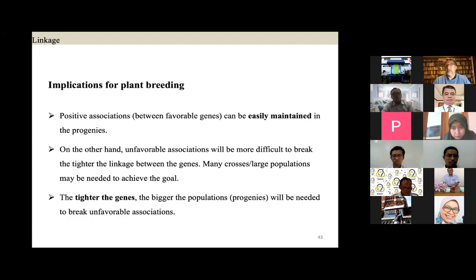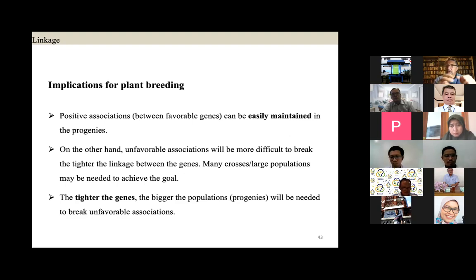Because the more crosses you do, let's say, when you have a homozygous, like a self-crossing species, soybean, rice, wheat, okay? You have a homozygous genotype and the genes are linked, you're not going to break that linkage because you have all the chromatids the same.